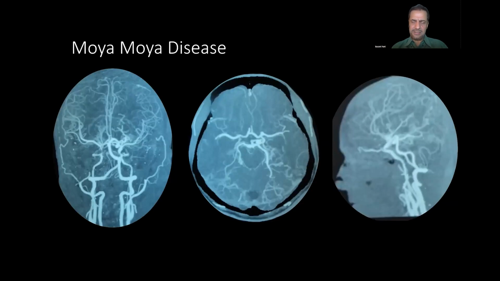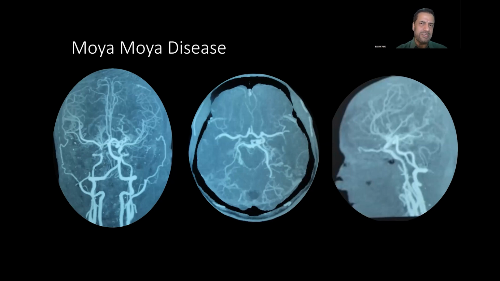Cerebellar infarction. Moyamoya disease is another, where you can see moya vessels like this with ICA occlusion here. On the right side, the ICA is almost occluded, and new vessels have developed to compensate for that, which looks like a puff of smoke.